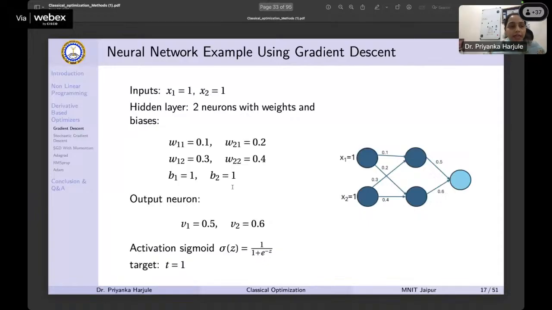So before we do that, I want to illustrate this example of a neural network using gradient descent. Here we want to train this two layer, two neuron, one hidden layer neural network with the help of gradient descent. So here you can see there are two inputs, one hidden layer, and an output.